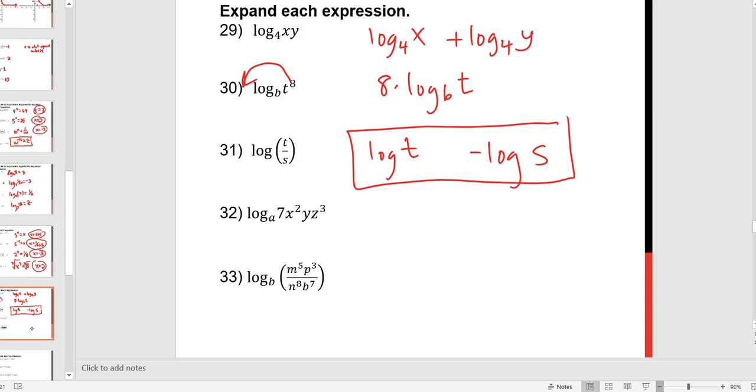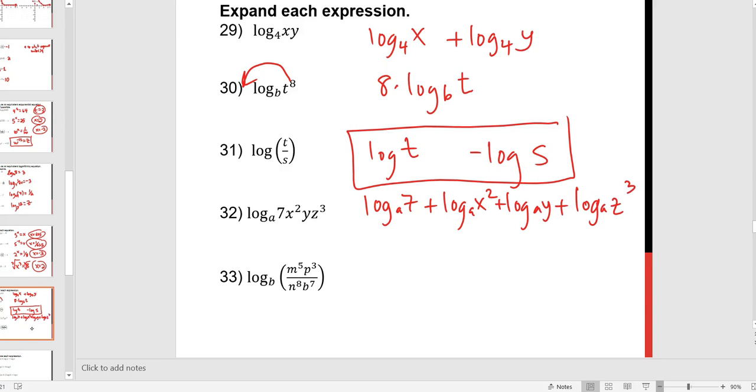Now this one's a bit of a mess, so I see 1, 2, 3, 4 terms that are multiplying, so this will expand into 4 separate logs, all base a. Our first term is 7, second term is x squared, third term is y, and fourth term is z to the third.